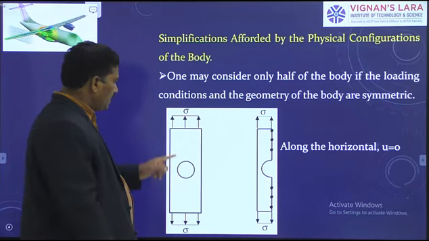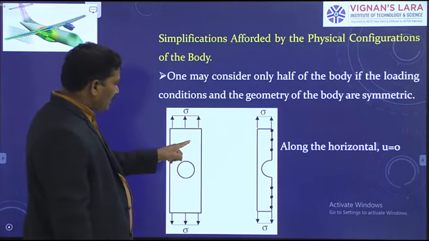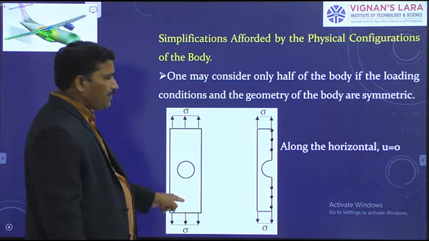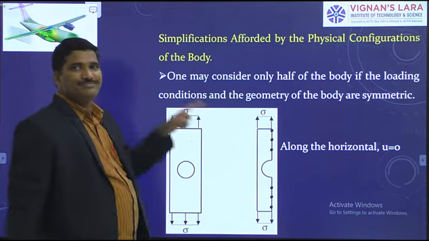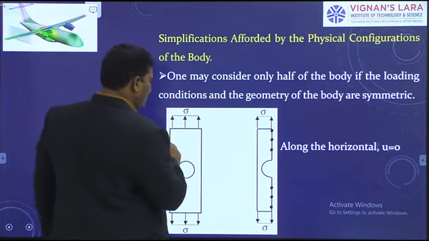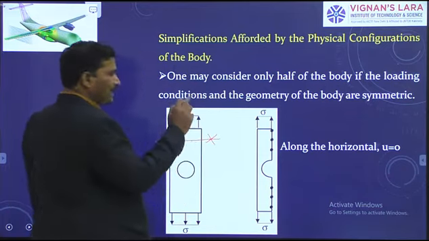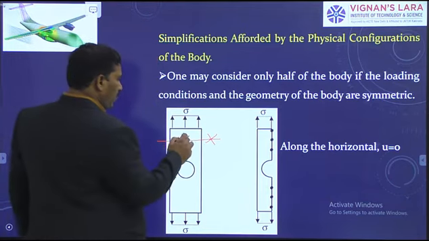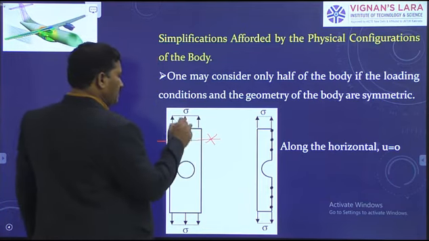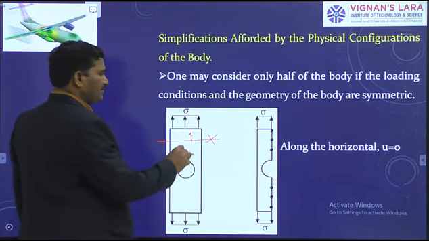Similarly here, this point can displace in the direction of force applied, but this point cannot displace in this direction. This point cannot displace in a direction perpendicular to the direction of force. This point can displace in the direction of the force.